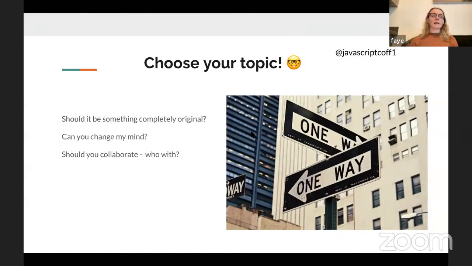Should you collaborate? Yeah, I think that's a great idea. That kind of ties into what we're going to talk about later as well, because I don't think that you should be scared that someone might know more than you, which feels like a big deal when you're writing. When I write about something, say Docker or Kubernetes, I was like, I've got no idea about these things.